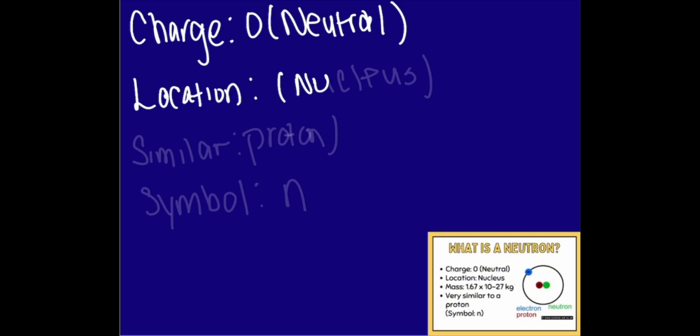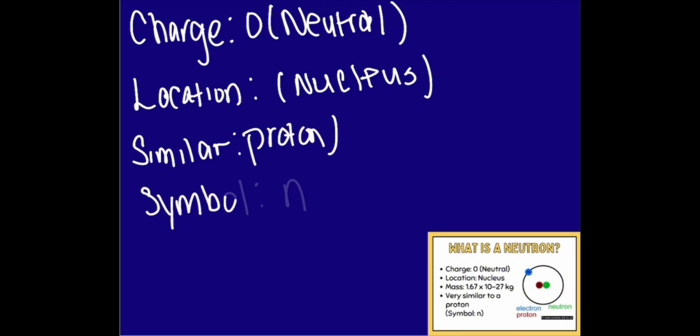So this is why we say that a proton is very similar to a neutron, because they're both located in the same place of an atom. The mass of a neutron is 1.67 times 10 to the negative 27 kilograms. The symbol for our neutron will be N. As you can notice, there is no charge, so we did not write one.